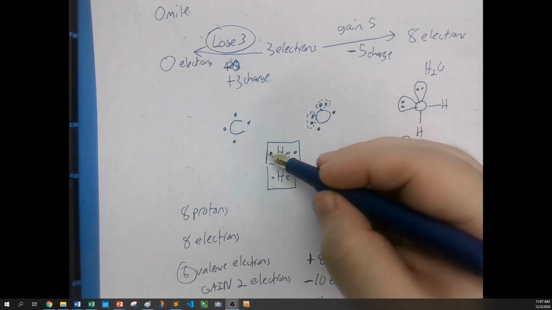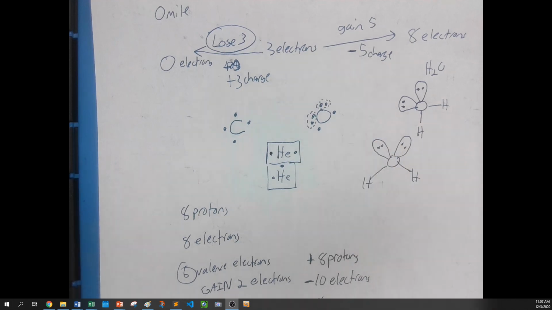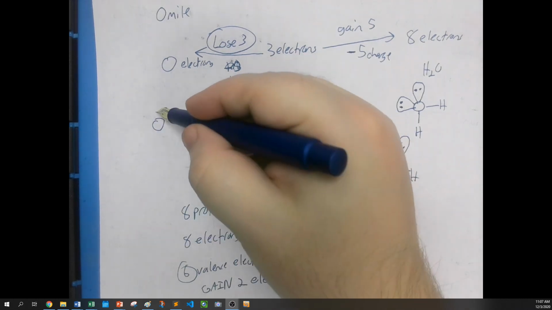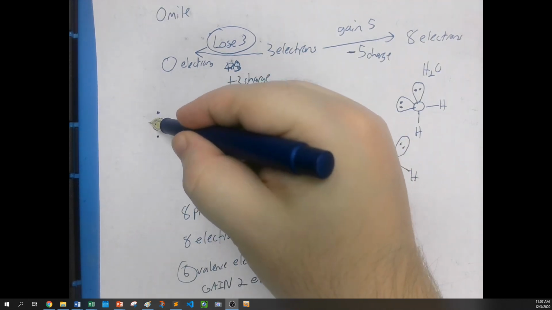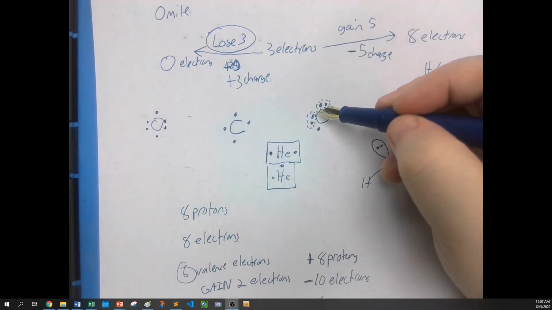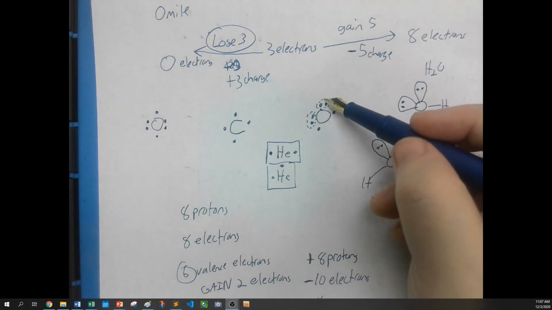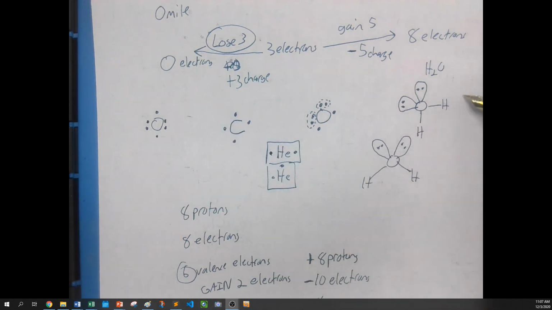But imagine it as electrons. They're both negative and they repel each other, so you want to get as far away as possible. Technically for oxygen, this would probably be preferred, but it doesn't really matter because I always draw it like this. Mostly I draw it like this because I know water looks like this.